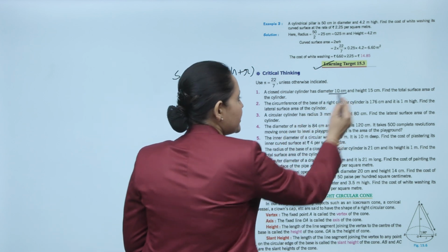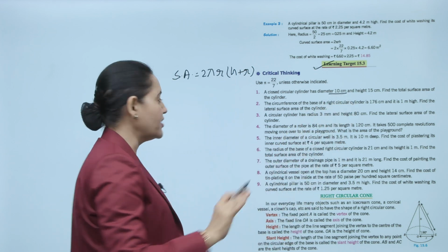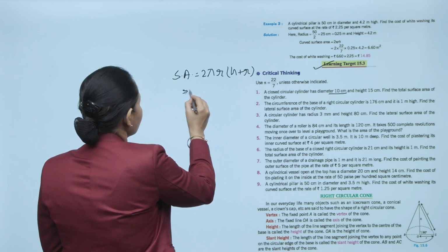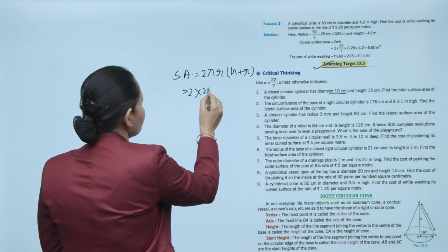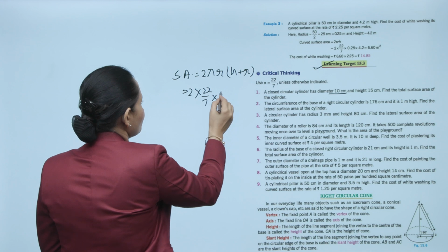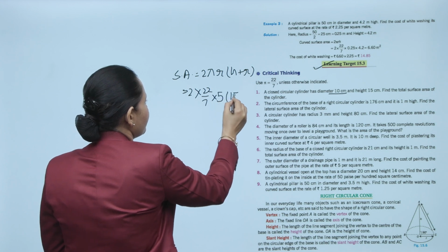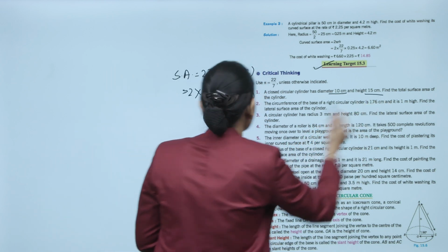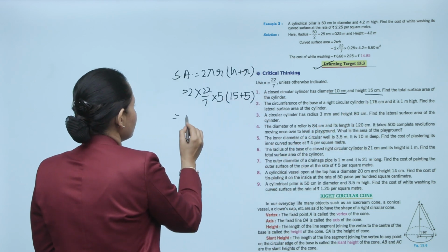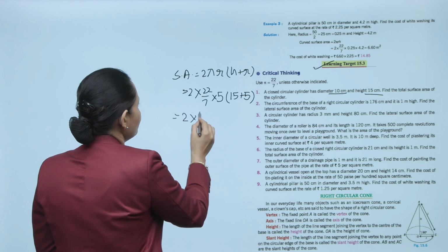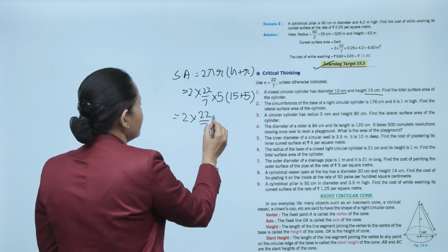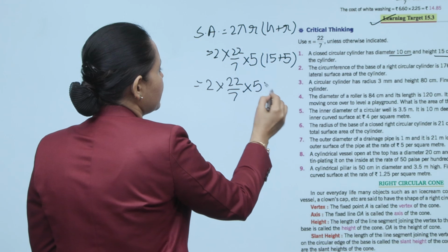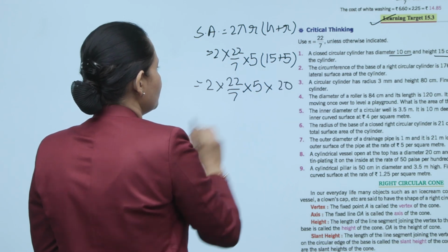Diameter is given 10 centimeter, that means the radius will be 10/2, that is 5. So 2 into 22 upon 7 into 5 into (15 plus 5). H is given 15 centimeter. So it will be 2 into 22 upon 7 into 5 multiplied by 20.